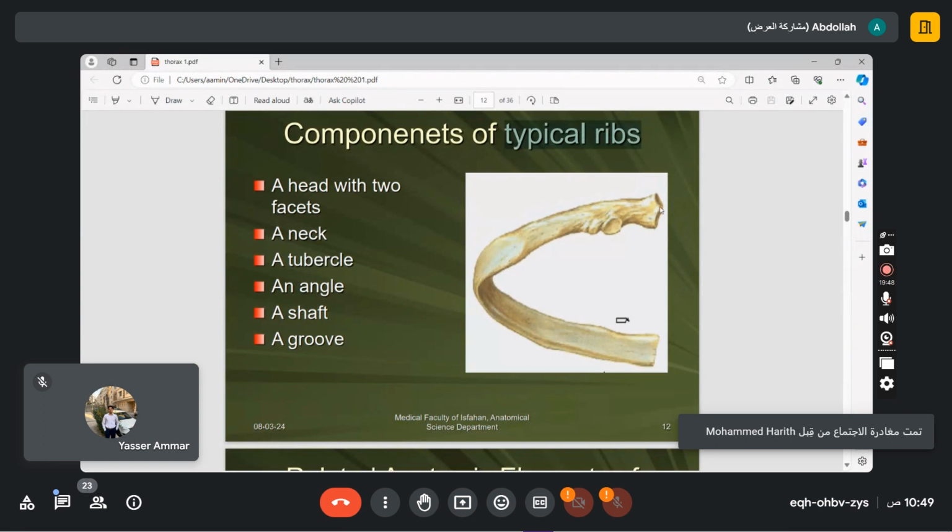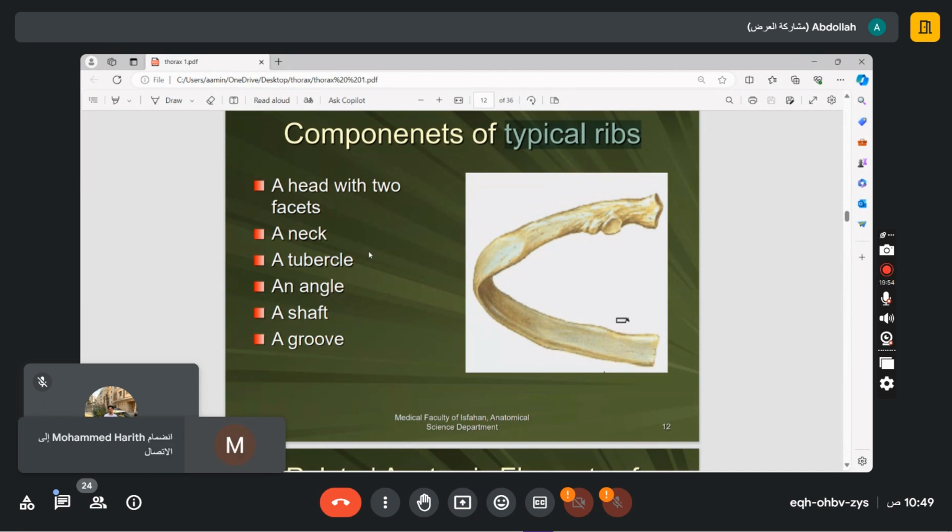Neck is here, after the head. It has a tubercle. This is a tubercle. The tubercle includes two parts, a smooth part and a non-smooth part: articular part and non-articular part. Look here, the face of the articular tubercle is smooth, but the face of the non-articular tubercle is non-smooth. Here is the angle.